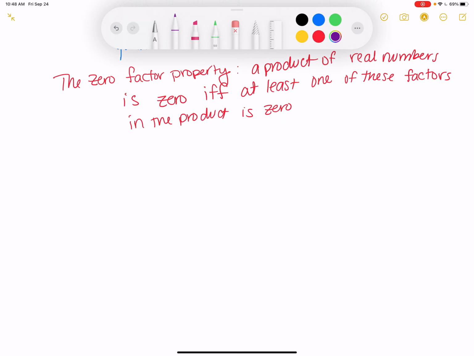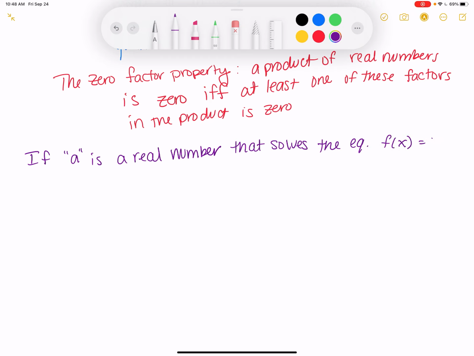All right. If A is a real number that solves the equation f of x is equal to 0, then the following are equivalent.